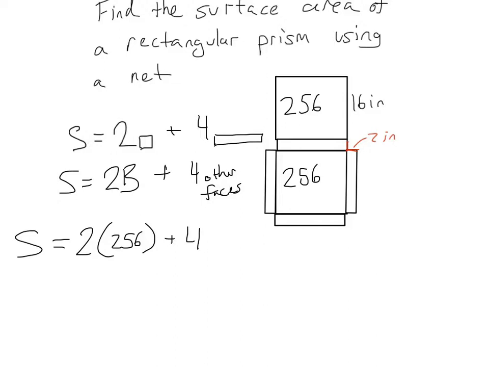What are those other faces? Each and every one of those is 16 by 2, otherwise known as 32. So we have 4 pieces that are 32 square inches.